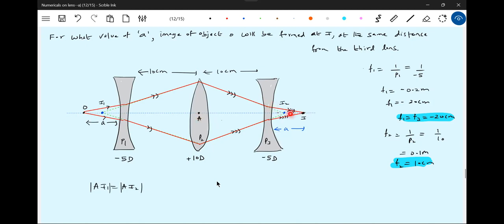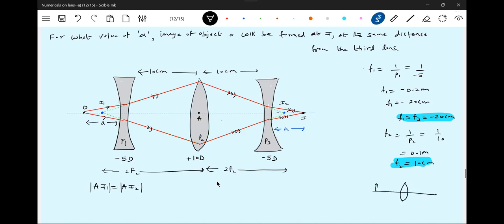Now AI1 should be equal to AI2 means again, what is the requirement here? This distance should be equal to 2f2. If the object is at 2f, the image will be at 2f on either side for a convex lens.